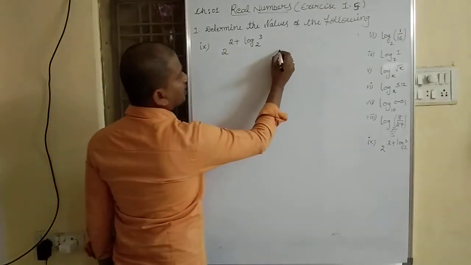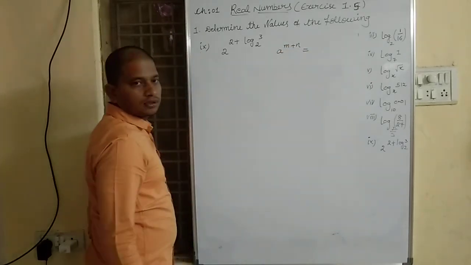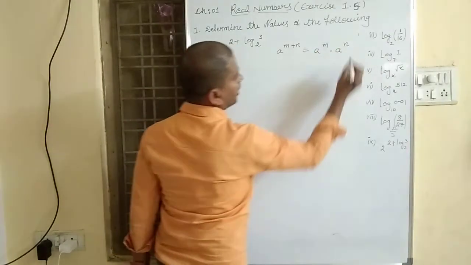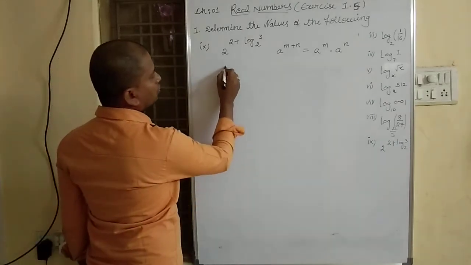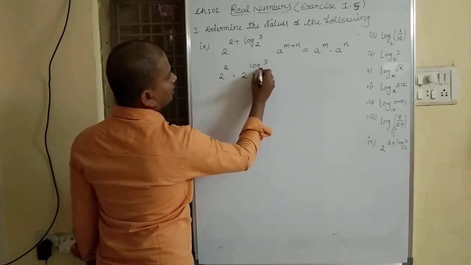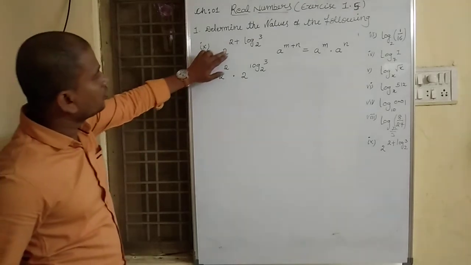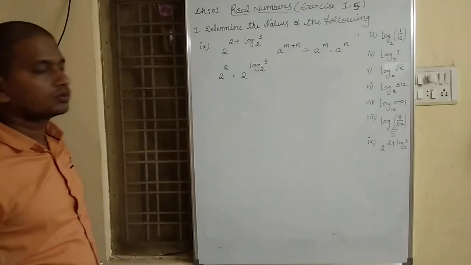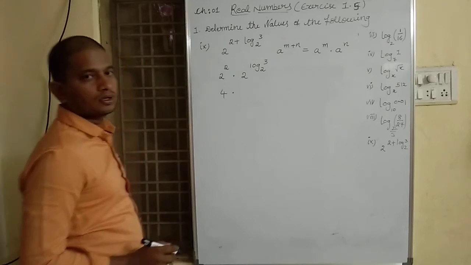a power m plus n I can write as a power m into a power n. So this I can write as 2 to the power 2 into 2 to the power log 3 base 2. So 2 square, I mean 2 into 2, is 4.